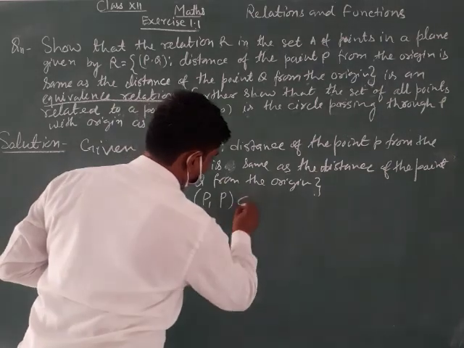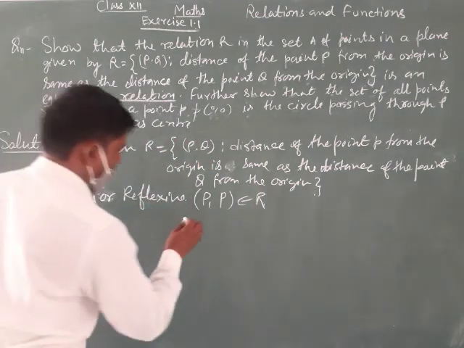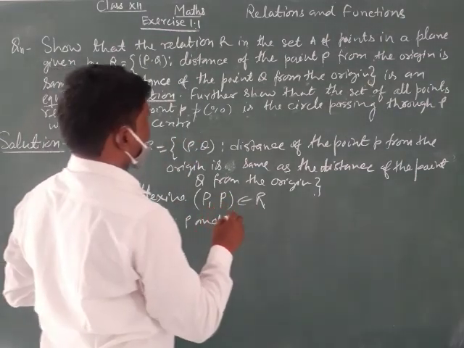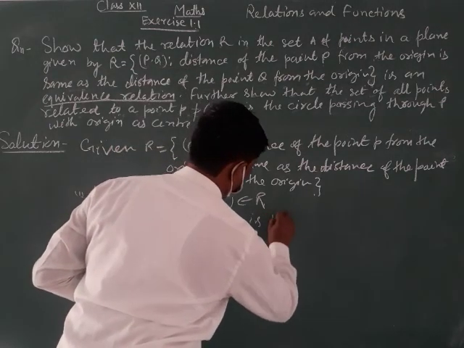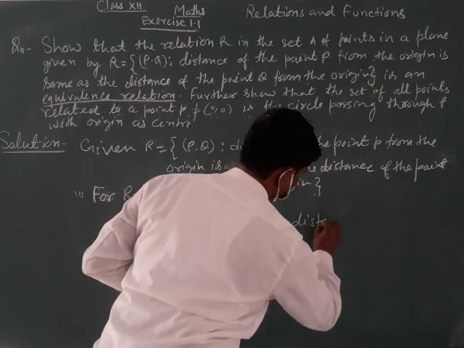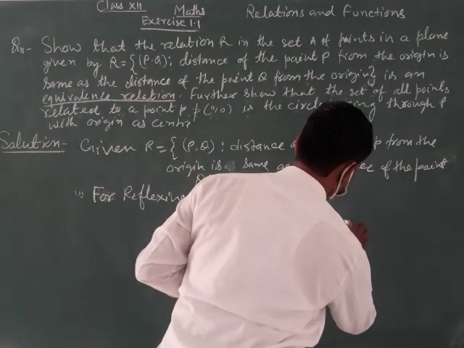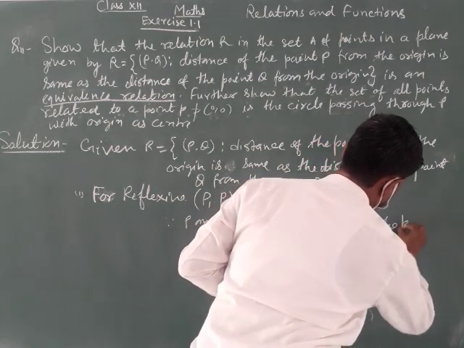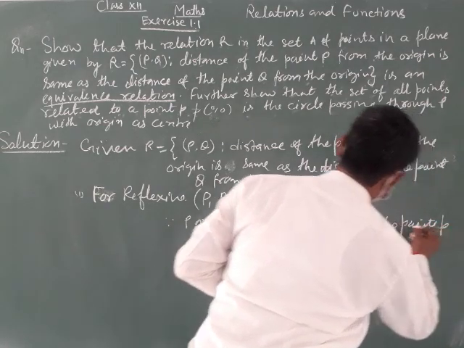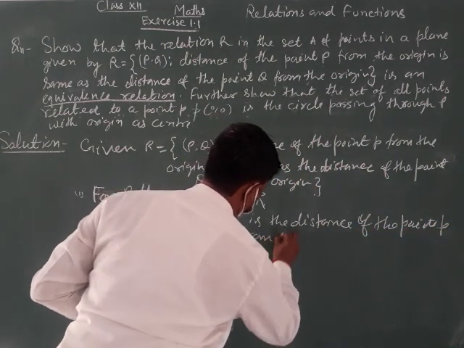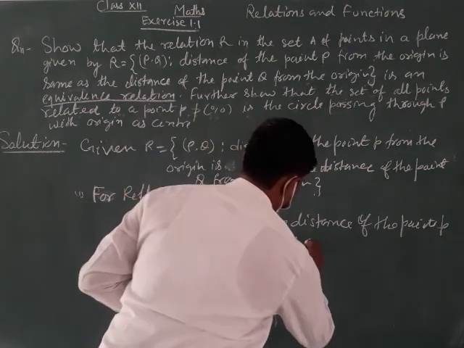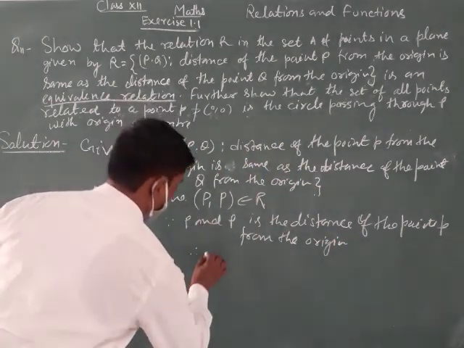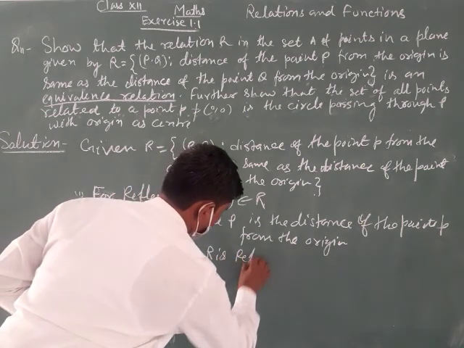(P, P) belongs to R, since P and P have the same distance of the point P from the origin. Therefore, R is reflexive.